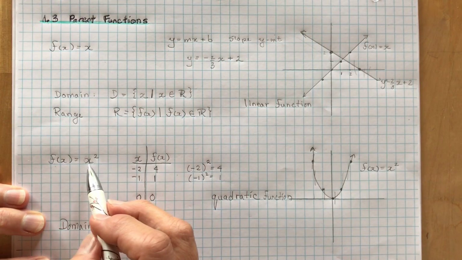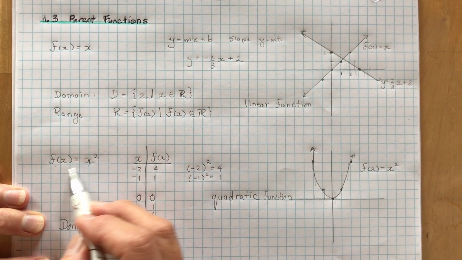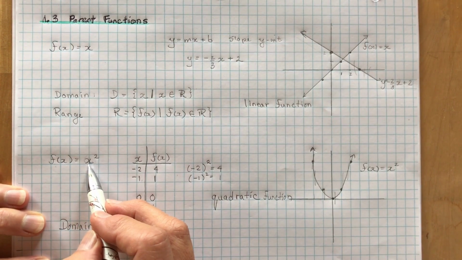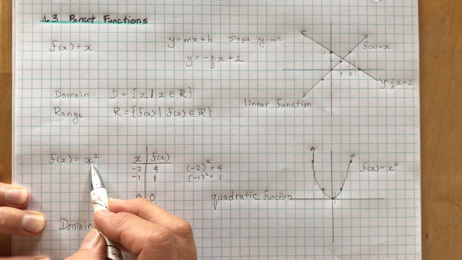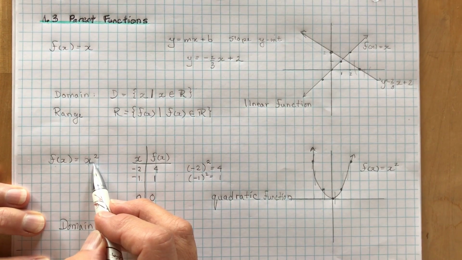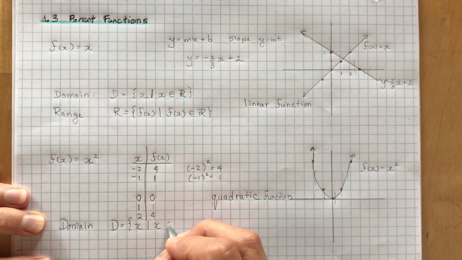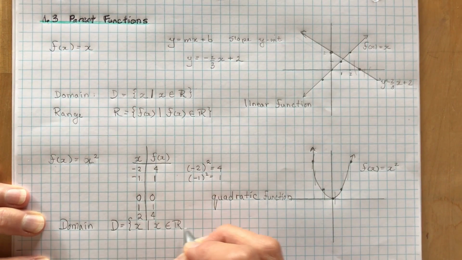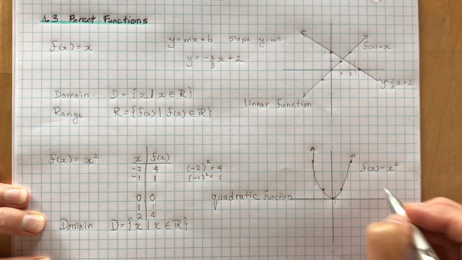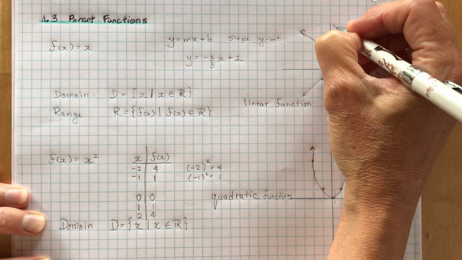And I'm sure you can see that I can put in any number here that I want. I could put in any negative value, I could put in any decimal value, I can square any value. There's nothing you can't square and get an answer. So the domain here is going to be x is an element of real numbers, just like for linear functions. I can put in any value for x, and I should have labeled my coordinate planes here, x and y.